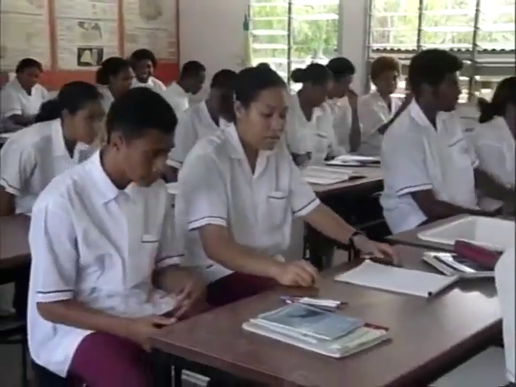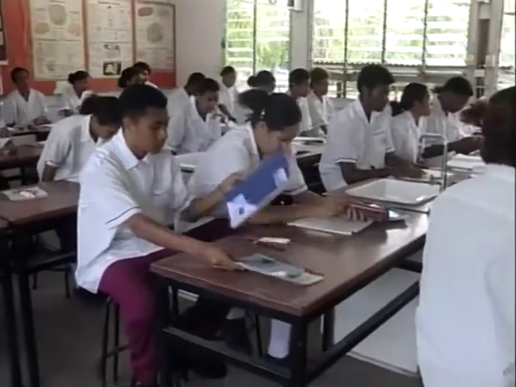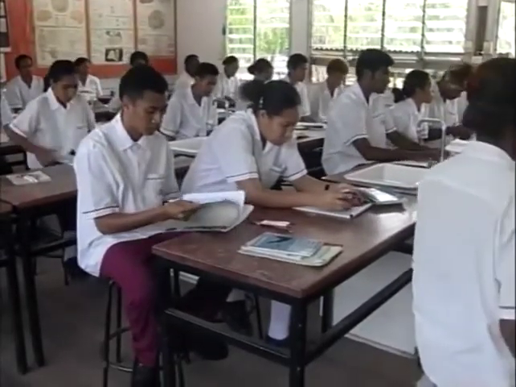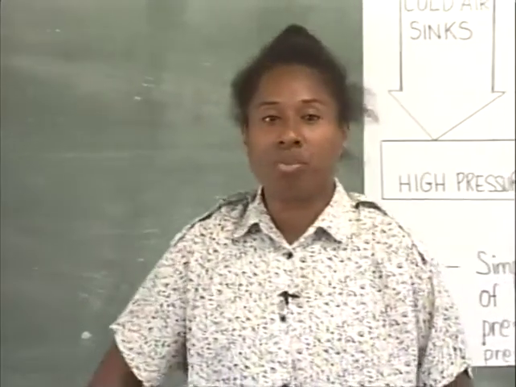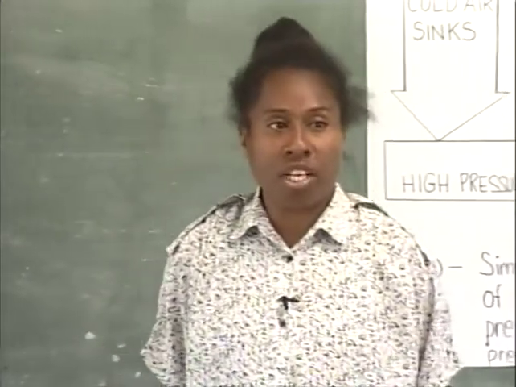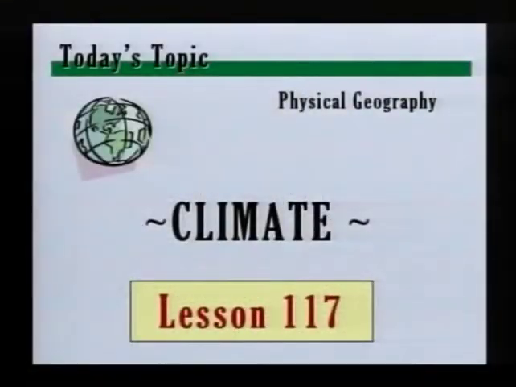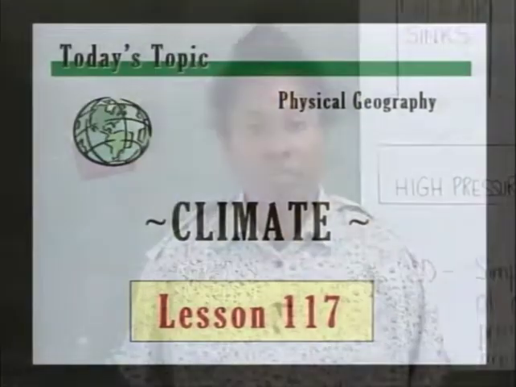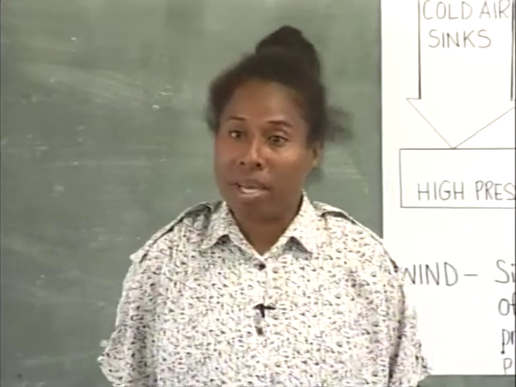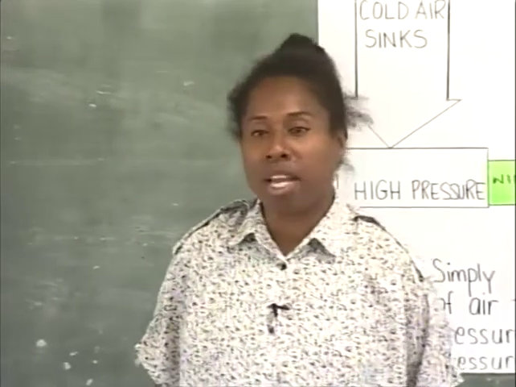We are now ready to move on to looking at the third very important factor that contributes to what makes climate different from one place to the other, and that is pressure. From the previous lessons, we have looked at temperature as one of those important factors, and the different reasons for what makes temperature different from one place to another.